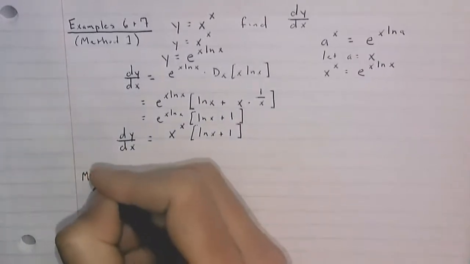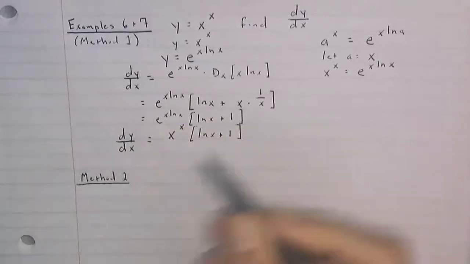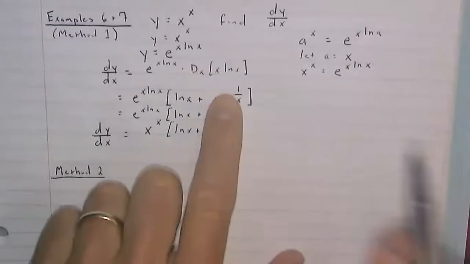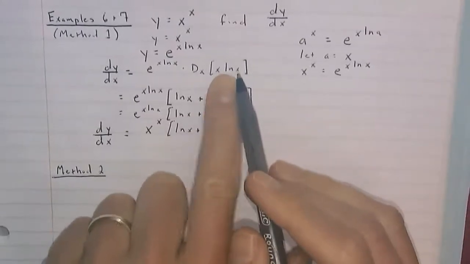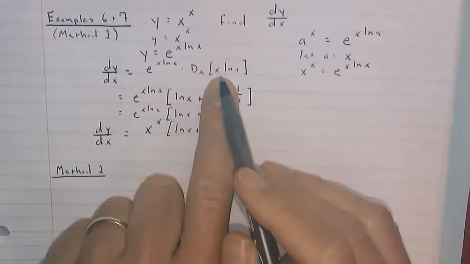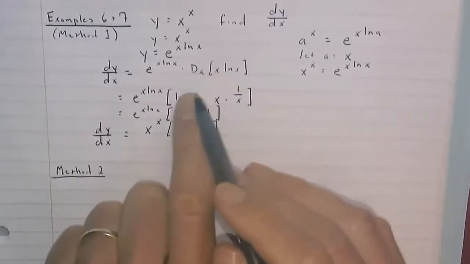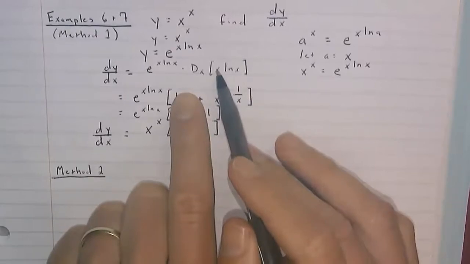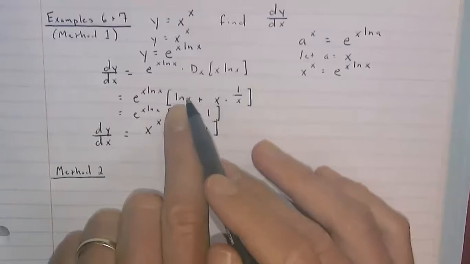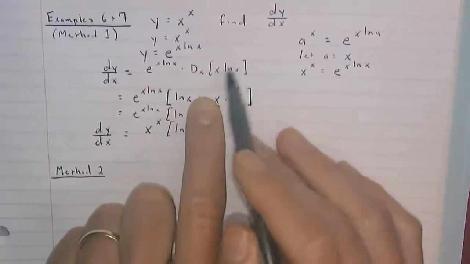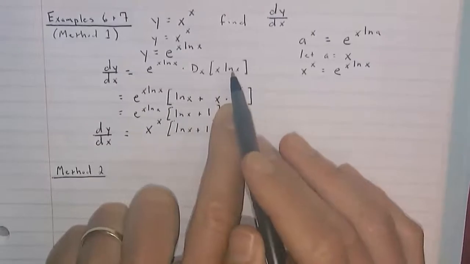Mr. Smith, what's shaking? How do you get the x times 1 over x? Where does that come from? The product rule of the derivative here, x and ln of x are both functions of x. So when we differentiate, we have to use the product rule. And the product rule says take the derivative of the first thing, which is x. The derivative of x is 1 times the second thing. 1 times ln of x gives us ln of x. And the second half of the product rule says take the first thing times the derivative of the second thing.